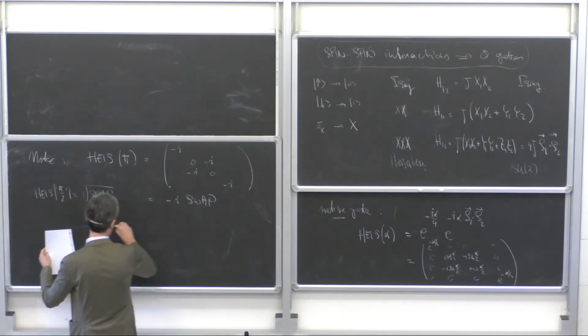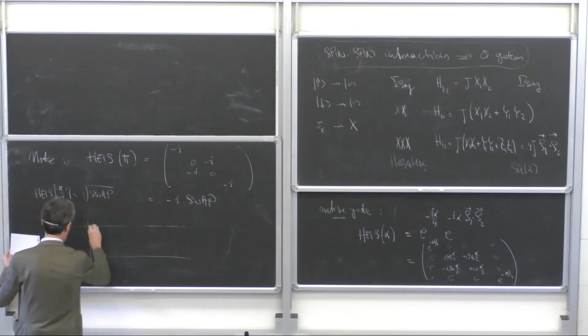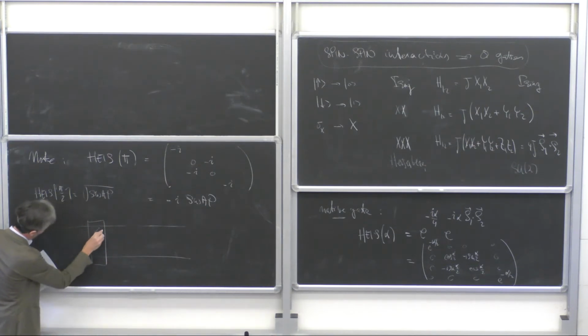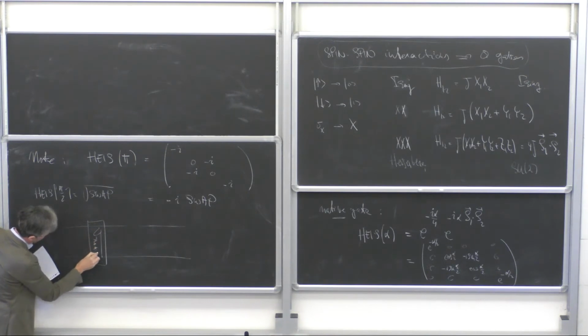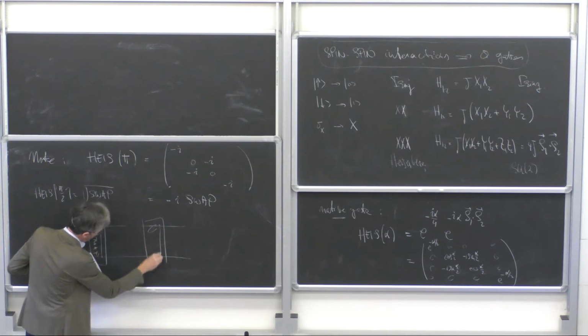So if I do the following, here's my 2 qubits. This square root of swap, twice. So over here and somewhere over here, square root of swap.